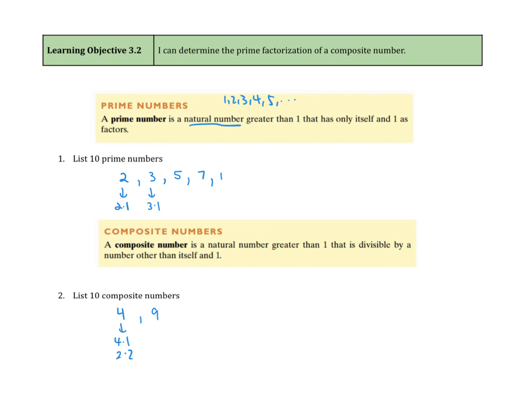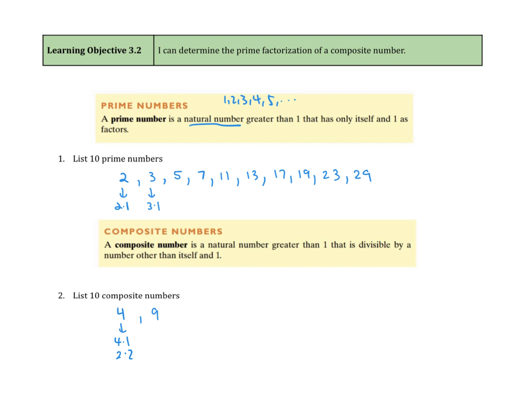But 11 is prime. My next prime would be 13. And then 17, 19, 23, and 29. There are the first 10 prime numbers, but there are actually an infinite number of prime numbers. We could keep going, but we'll stop there.